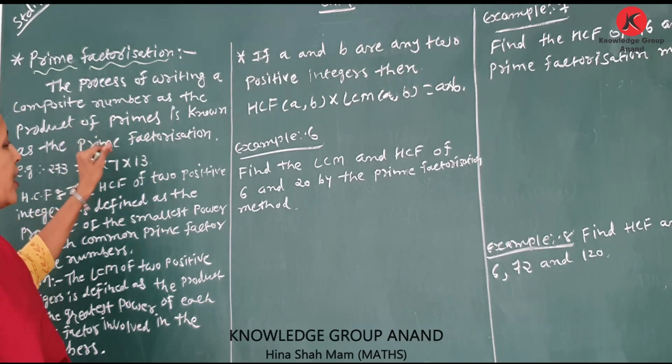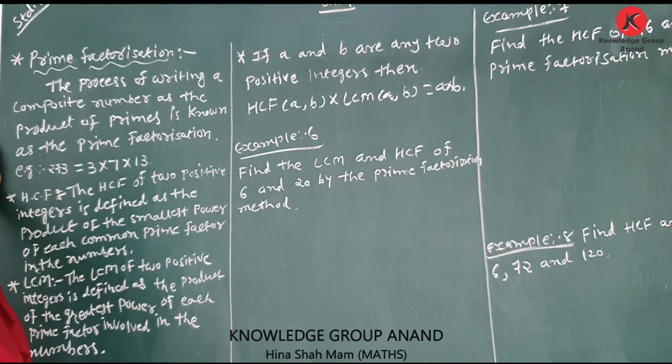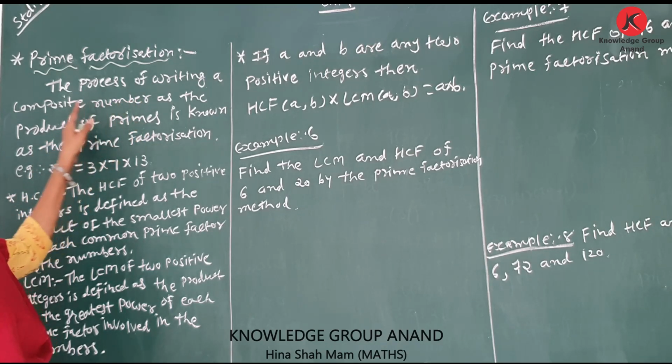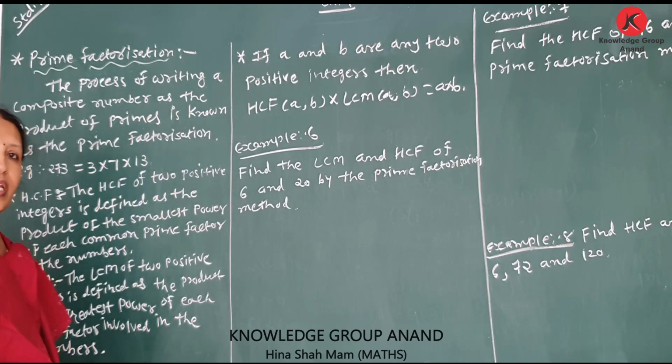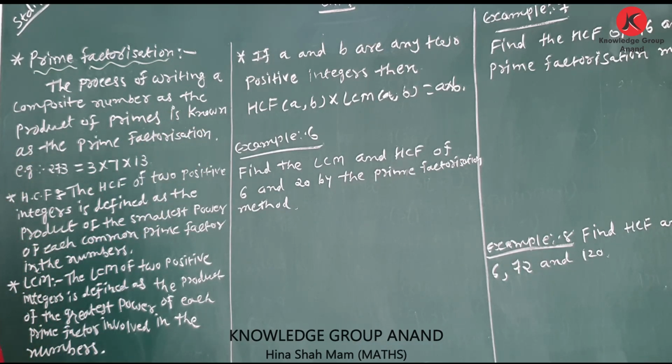When a number has more than 2 factors, itself, 1 and other factors, it is called a composite number. And which number is called a prime number? A number that has only 2 factors, itself and 1. Therefore, a composite number written as a product of primes is known as prime factorization.